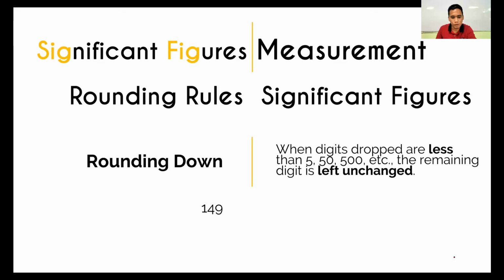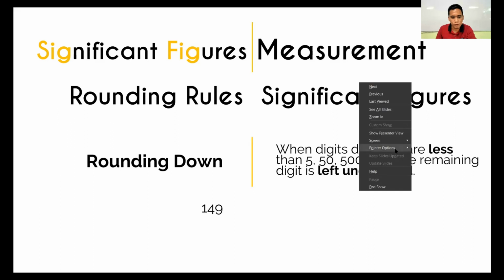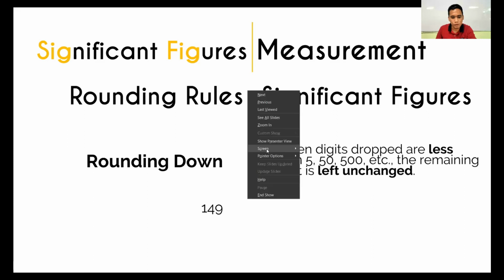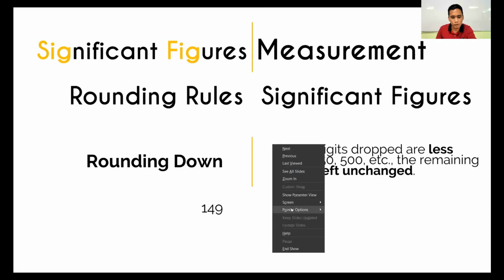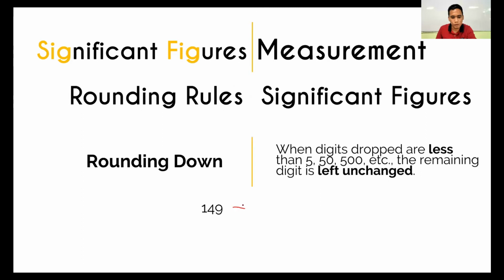So for example, 149 rounded to its nearest hundreds. Since the digit is 4, you round down or leave it unchanged, so it is equal to 100.